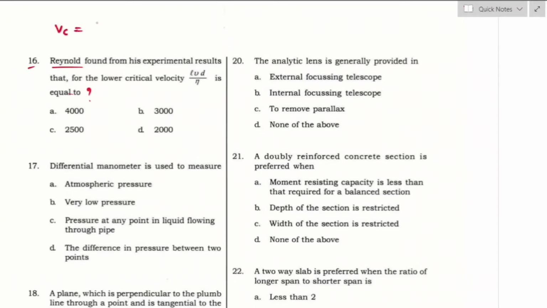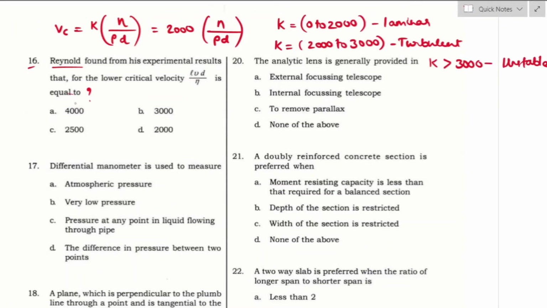So for a critical velocity, K is equal to rho V D by N, where K is the Reynolds number, N is the coefficient of viscosity, rho is the density of the liquid, and D is the diameter of the tube through which the liquid flows. For the flow to be at critical velocity, the Reynolds number should be 2000. In the given question it is asked for the lower critical velocity, which should be a laminar flow, K is 2000. Option D is the right answer.